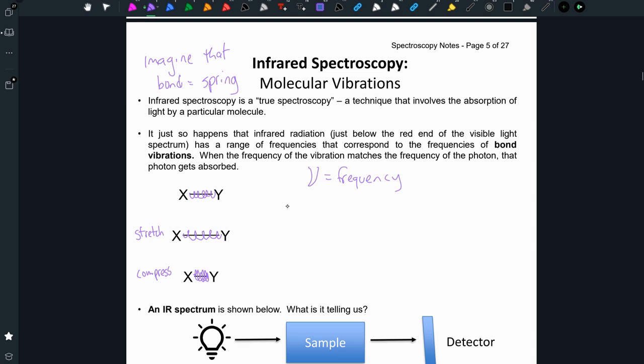And it turns out that if the frequency of a photon of light equals the frequency of bond vibration, then the photon gets absorbed. All right. If not, then a photon will just pass right by the molecule.